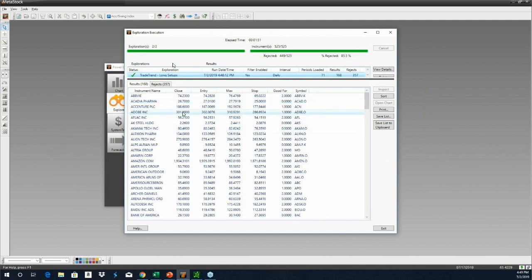And so again, there's 168 results. And what I want to point out here, it does give us a lot of good information: where the equity closed, the entry, the max, the stop, but it also tells us how long the signal is good for, right? So remember that TradeTrend identifies momentum shifts and continuations before the move occurs.